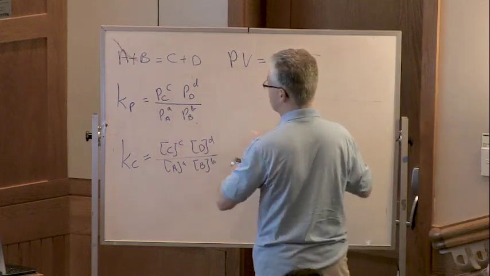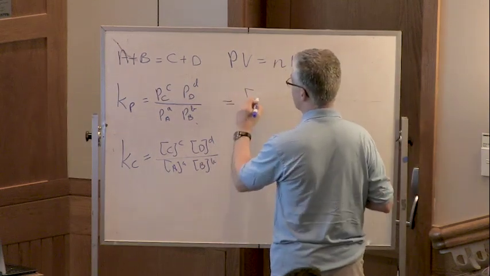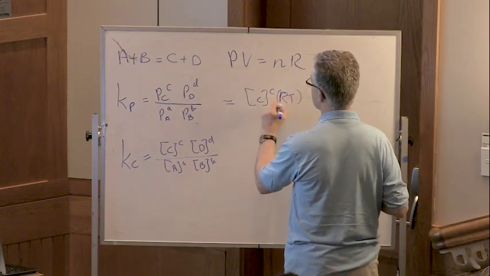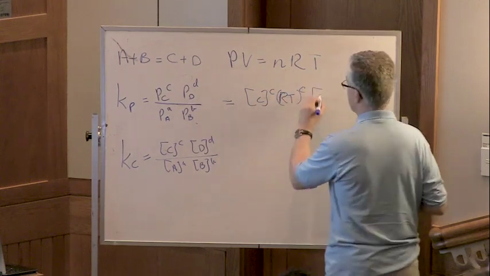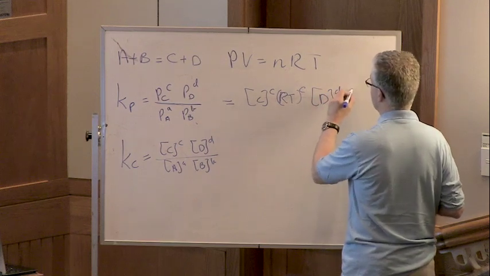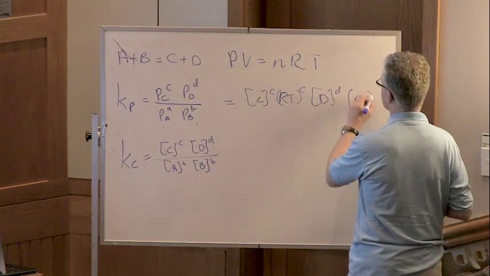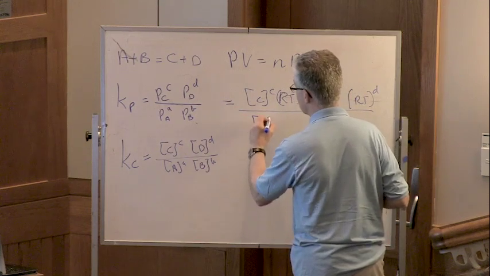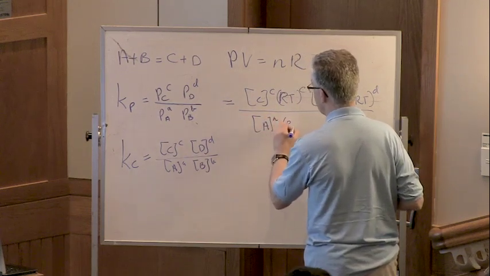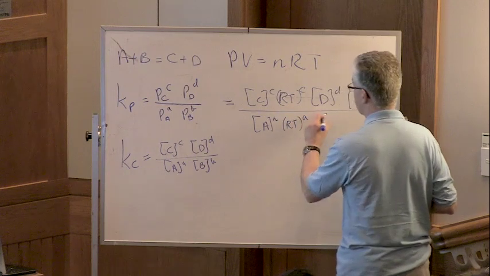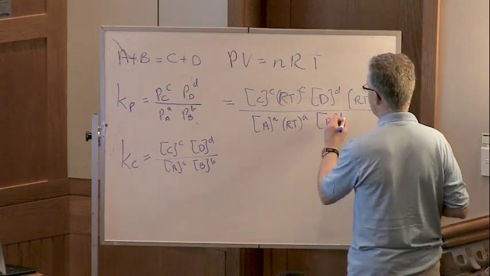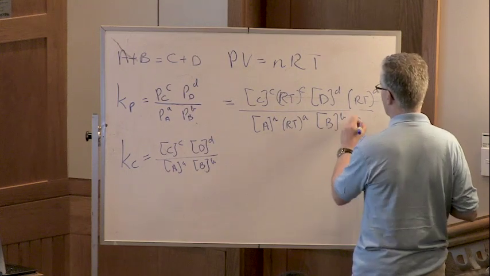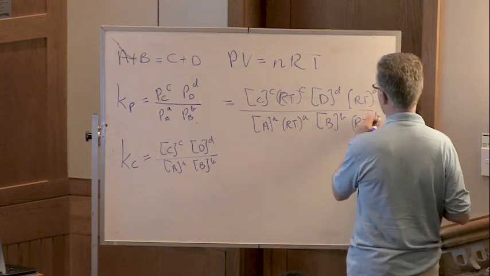So this is equal to the concentration of C to the power of c times RT to the power of c, times the concentration of D to the power of d times RT to the power of d, all over the concentration of A to the power of a times RT to the power of a, and the concentration of B to the power of b times RT to the power of b.